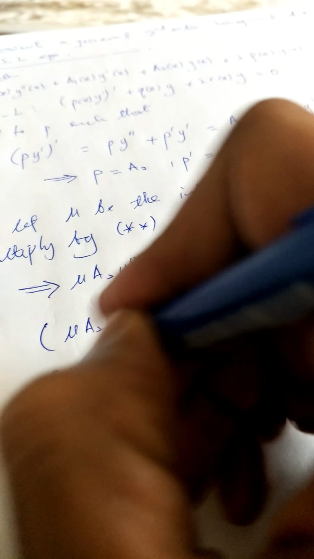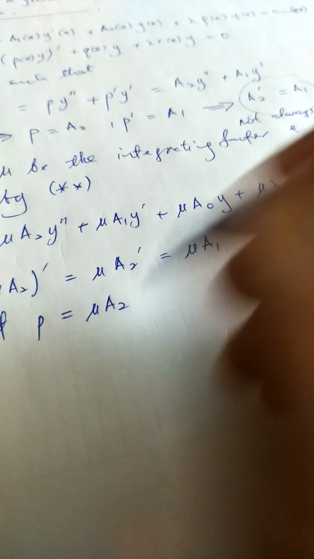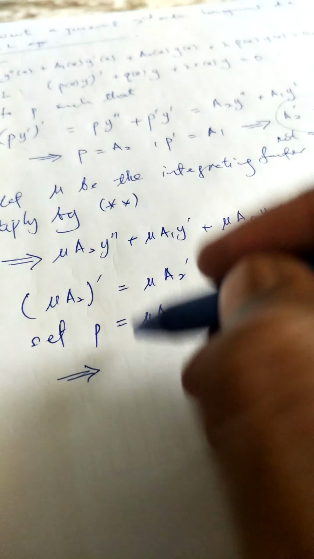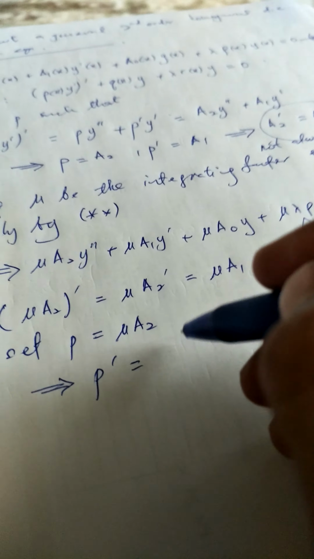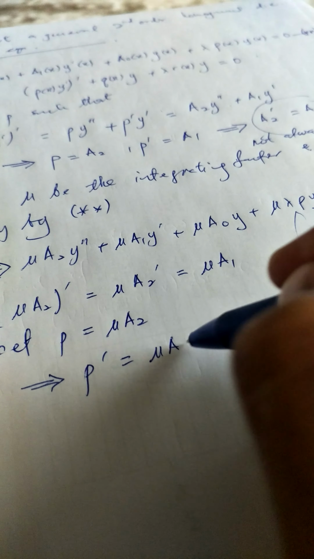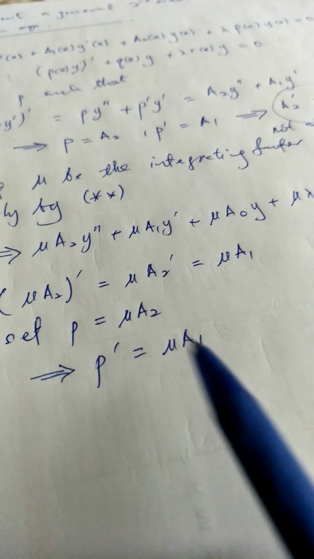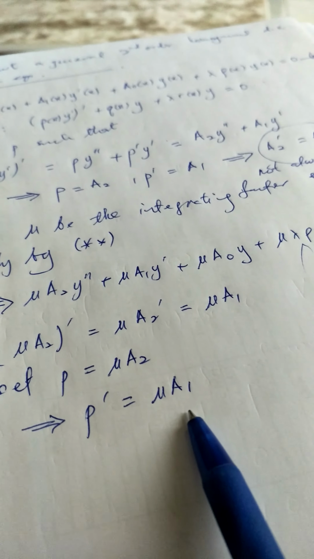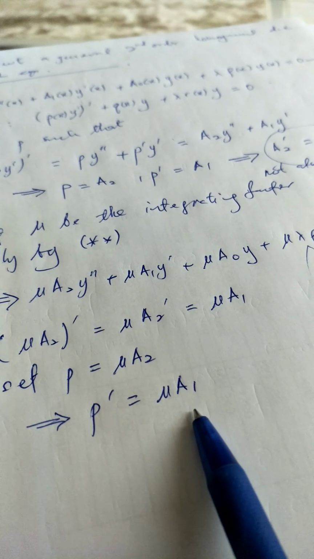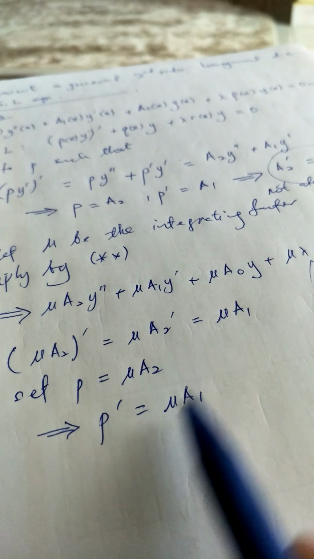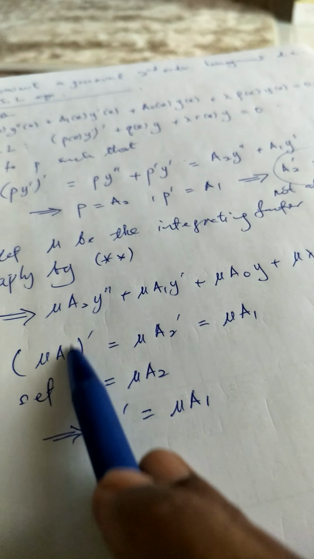Now if we set P as nu A2, then we have P prime is nu A1. So P prime is nu A1, and P is nu A2.